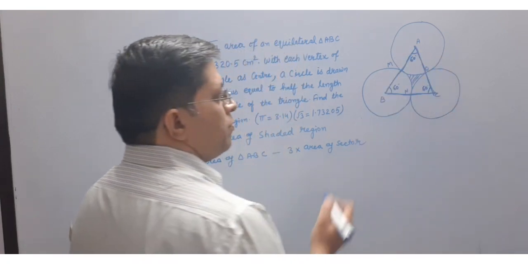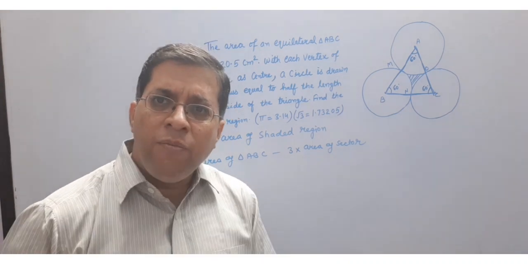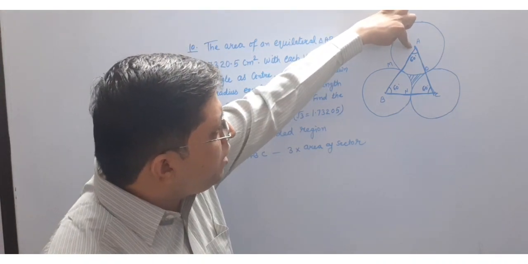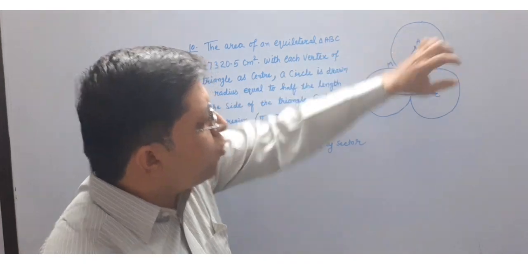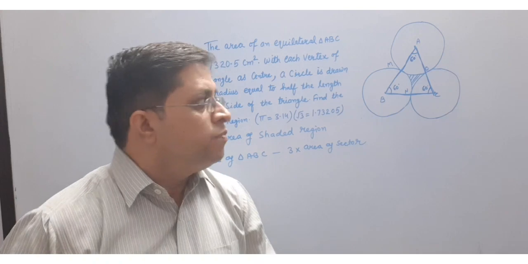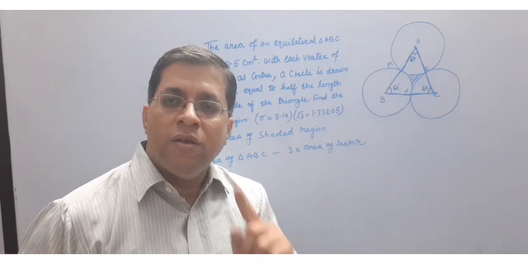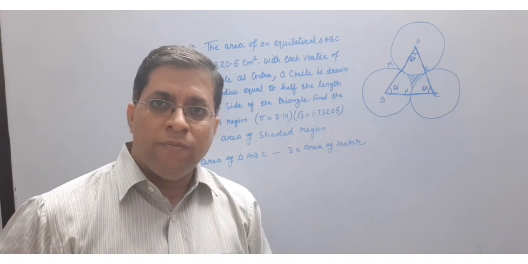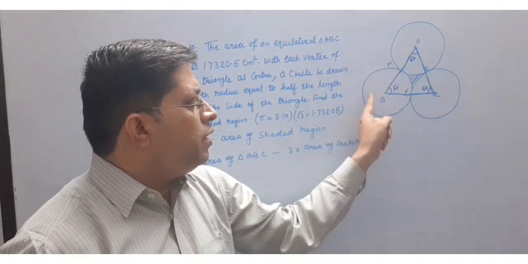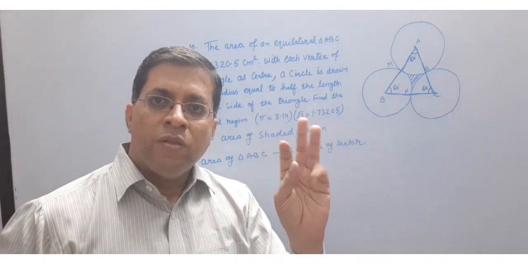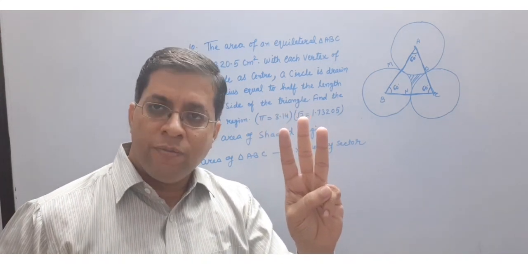First thing is this. Then can you tell me what is the name of this region? AMO. What is the specific name of this region? This region name is sector. Now what I am going to do, see, I have one triangle ABC and I am subtracting 3 sectors from it.